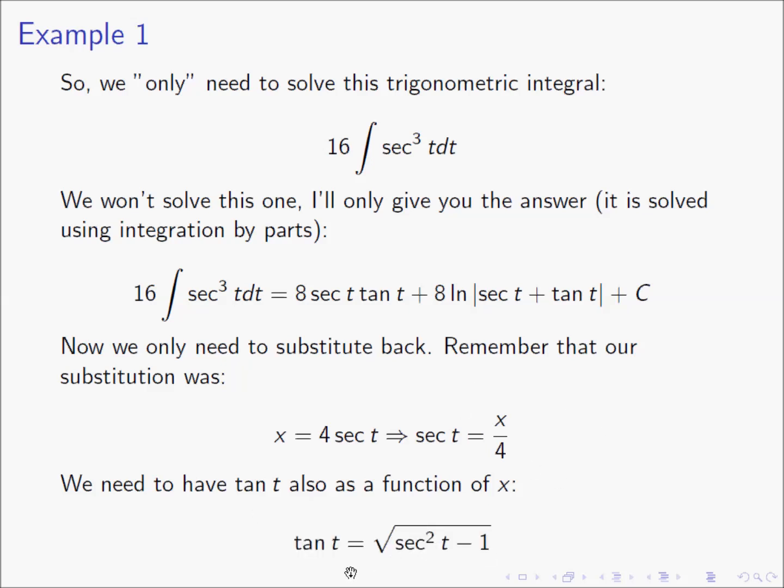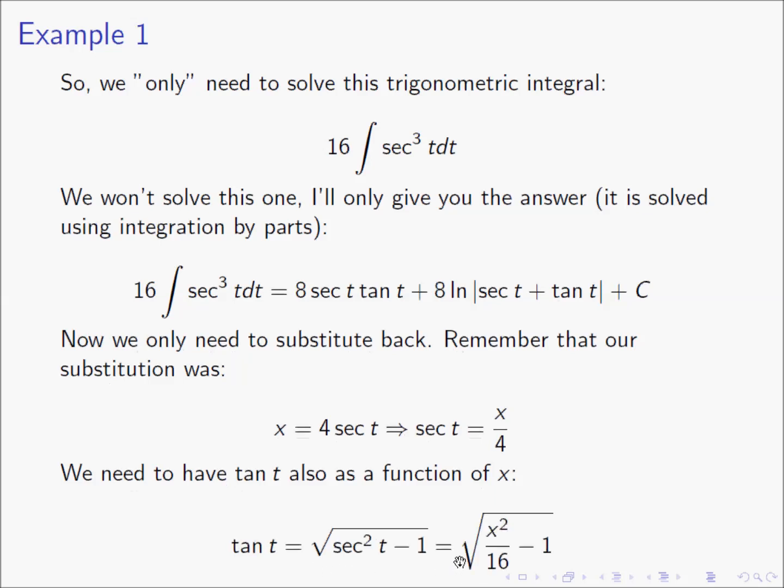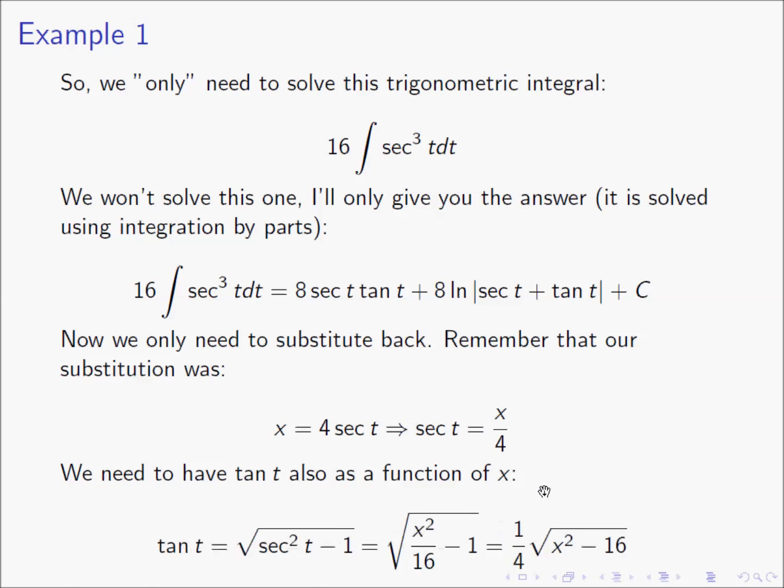Using the trig identity, we can solve for tangent of t to get this, and replacing secant squared of t by x squared over 16, we get this expression. And we can take the 16 out of the square root sign.